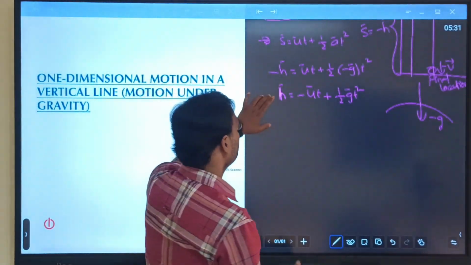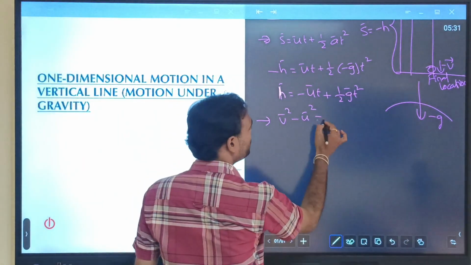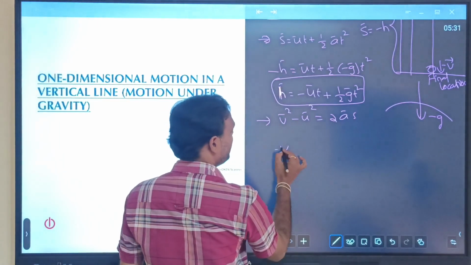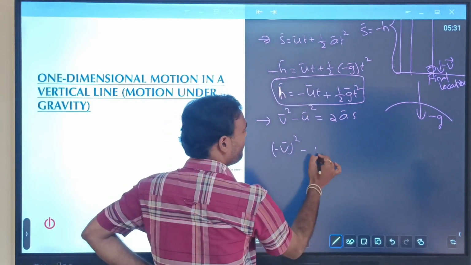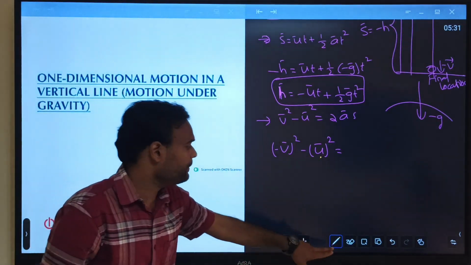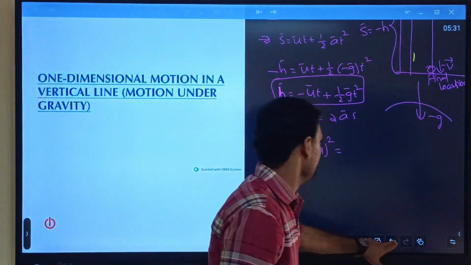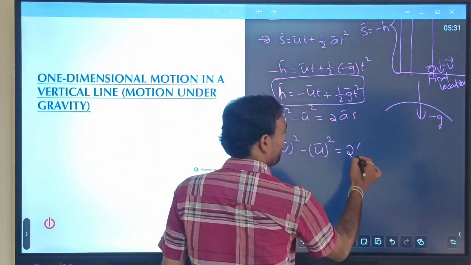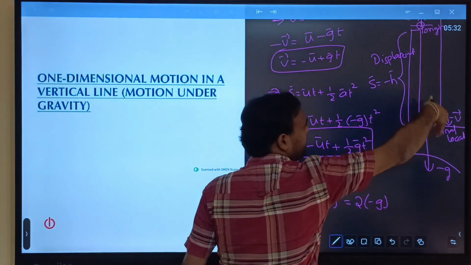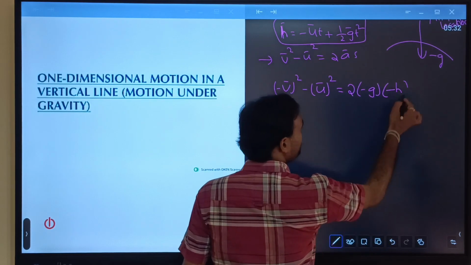Clear? And the third formula, v square minus u square equals 2as, that is minus v square minus u square, and here I am keeping u as positive because initially the object is moving in the upward direction, right? 2 times minus g, and the ultimate displacement of the object is in the downward direction, so it will be minus h.